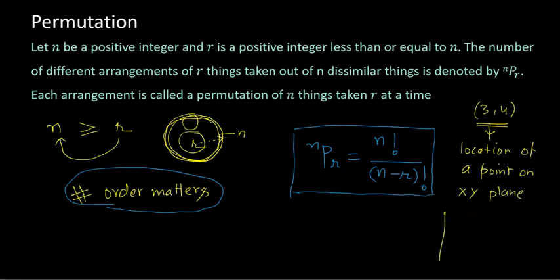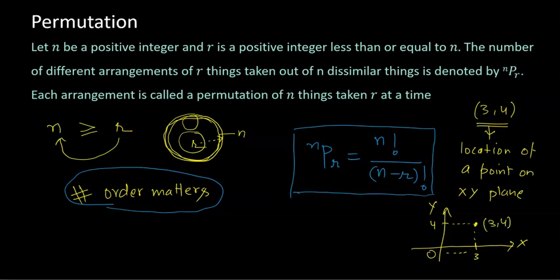This is x, this is y, and this is 0. 3 is 3 points here, 4 is 4 points here, and this particular point is (3, 4).